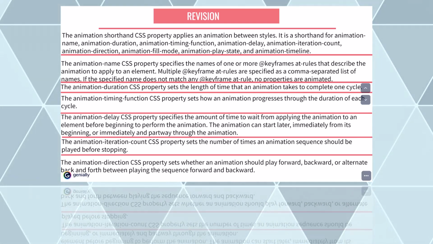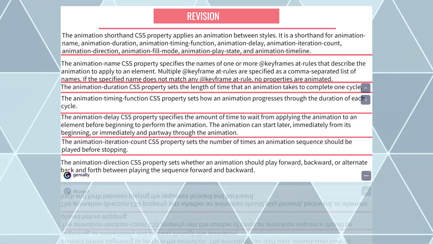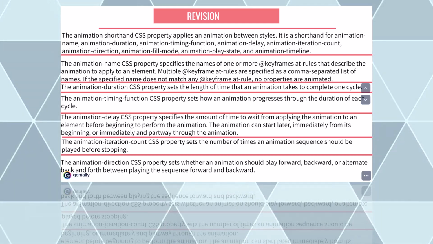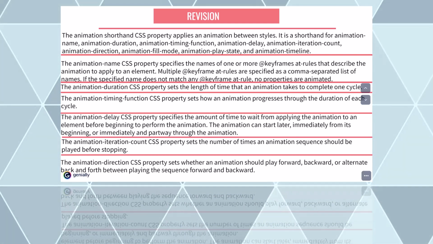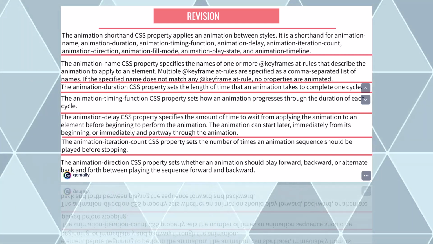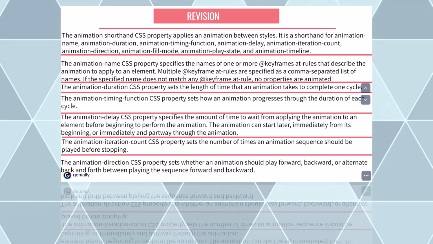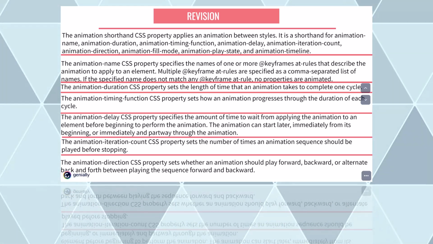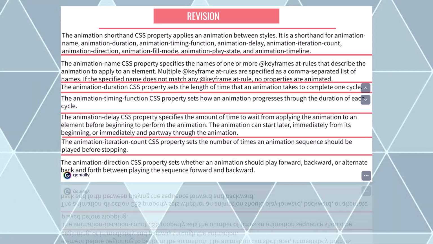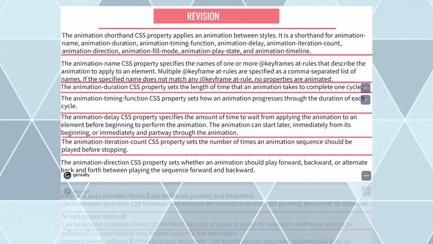Okay. The animation-iteration-count CSS property sets the number of times an animation sequence should be played before stopping. What does it mean? Okay, so in my understanding, it sets how many times your iteration is going to run.